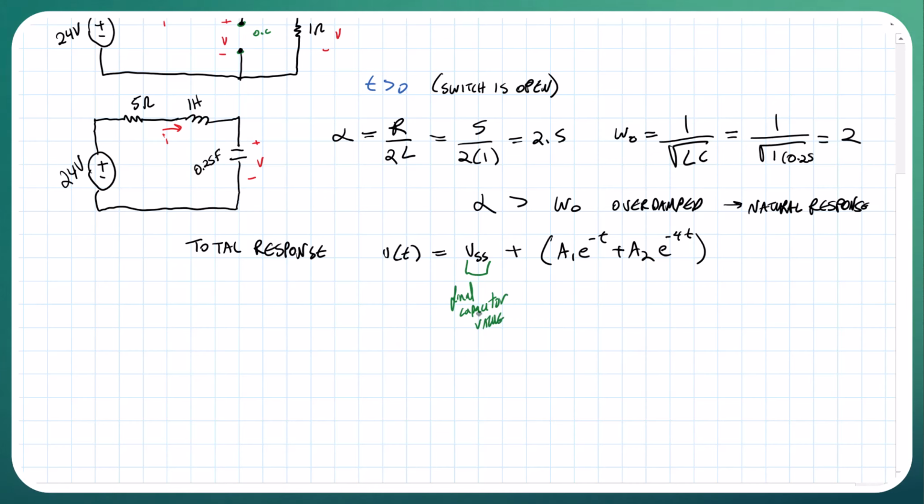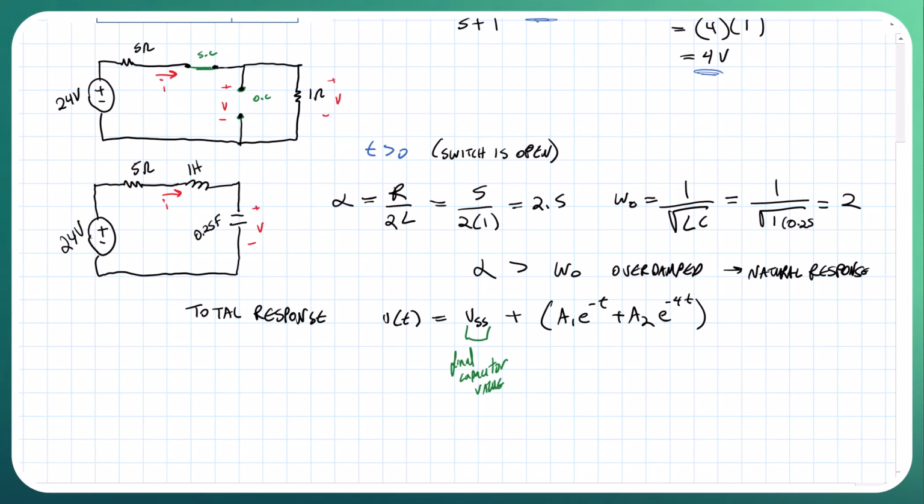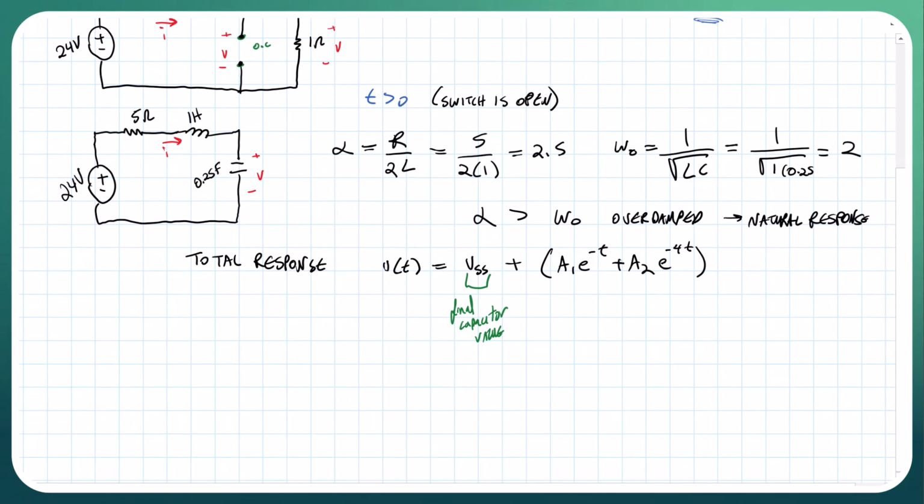Okay, so you can consider it as being our V as we approach infinity. So V final in this case is going to be 24 volts. V final is 24 volts.